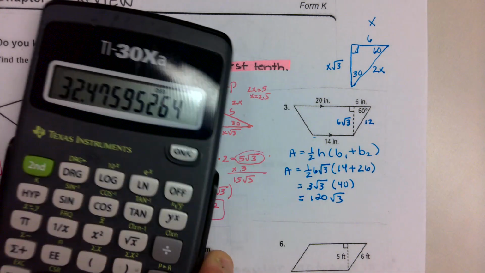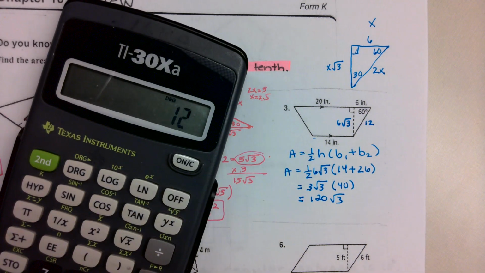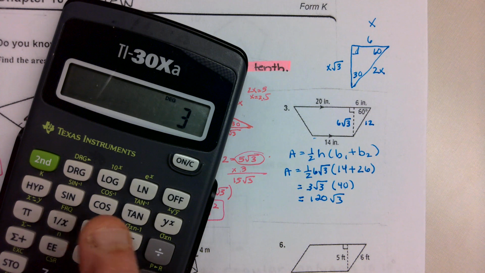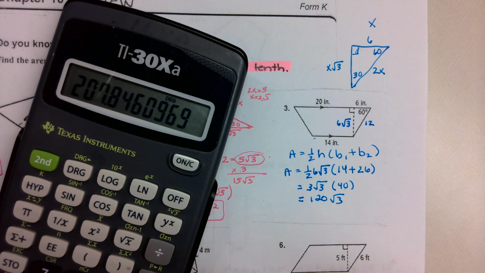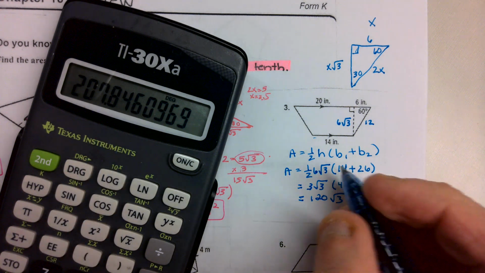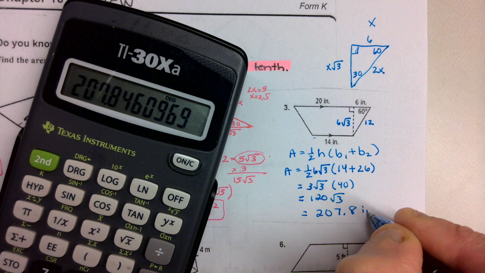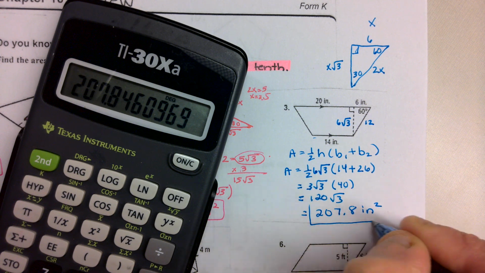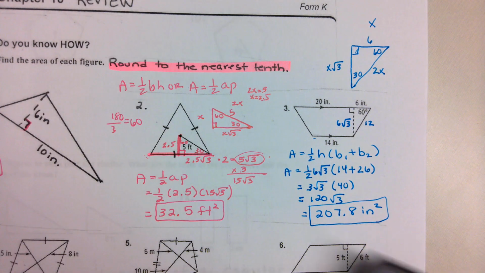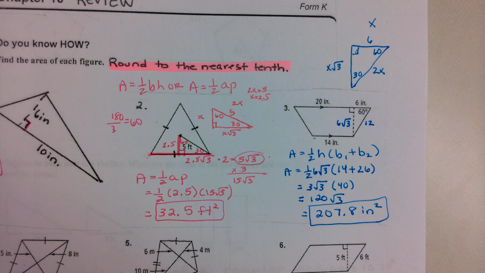So now I just need to do that. 120 times 3 square root, equals 207.8, because it's a 4 after it. Okay. Next.